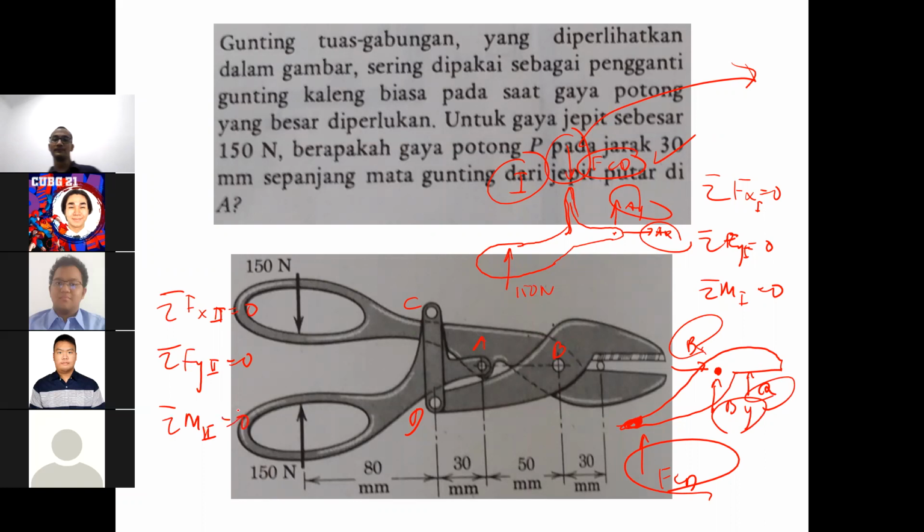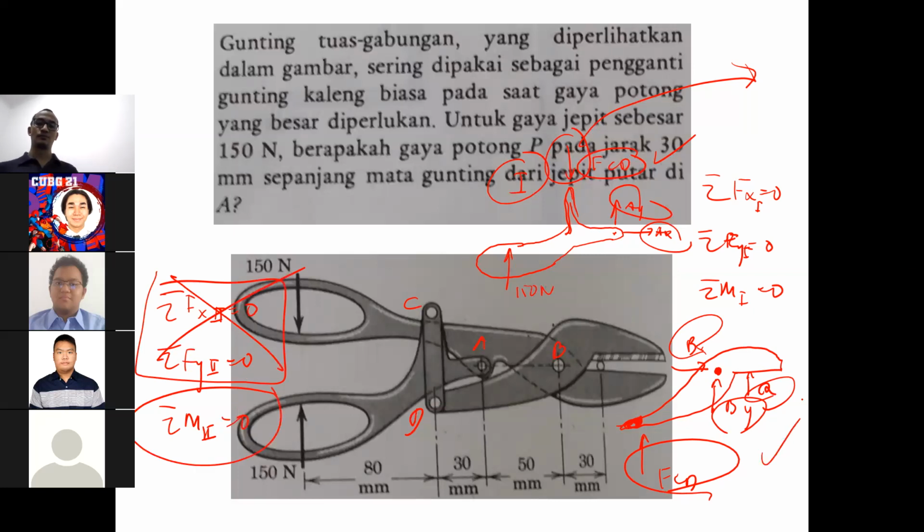Correct, right, David? Yes, sir. Can we solve this? Yes, we can solve for Bx, By, and Q. And Q is the main one that we have to solve. Bx, By is not our target. That's why we don't have to solve using these two equations. We can just use sigma moment at point B in order to solve for this one. Is it understood, David? Yes, sir. Simple, right?